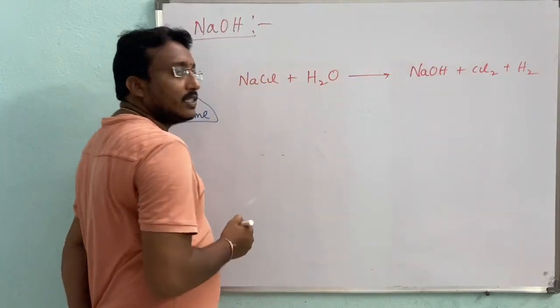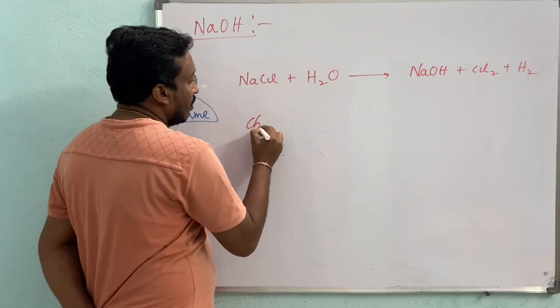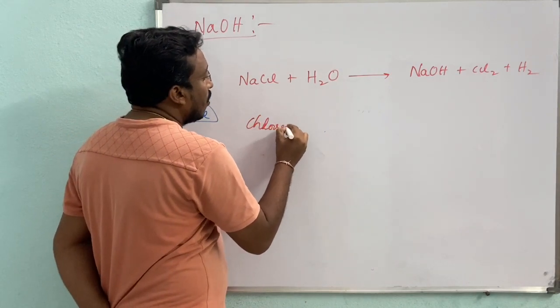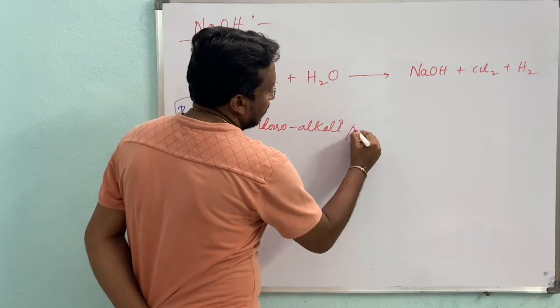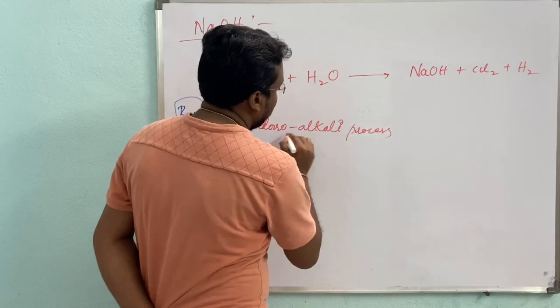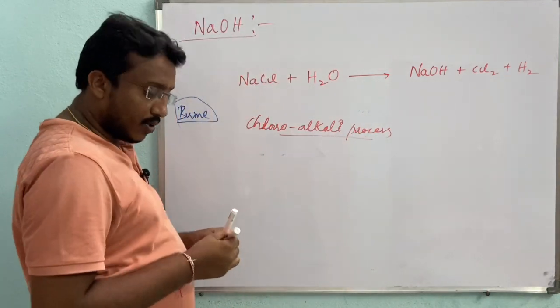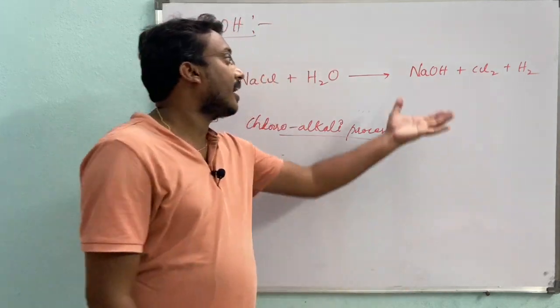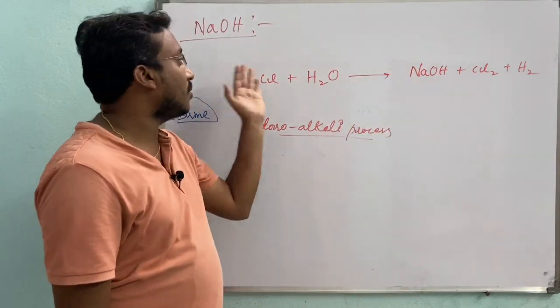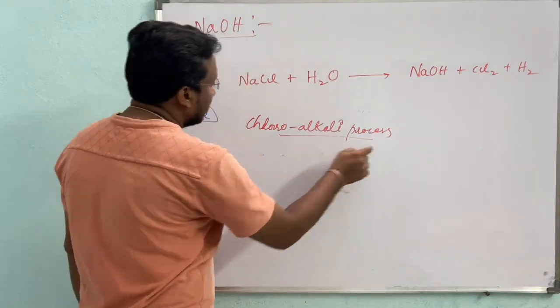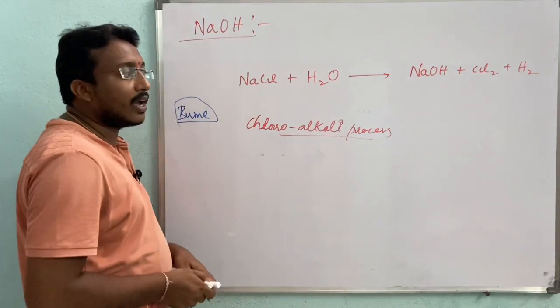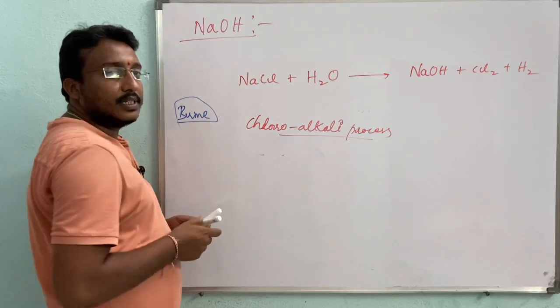This process is called the chloroalkali process. The process of collecting NaOH from sodium chloride by passing electricity is called the chloroalkali process, right?